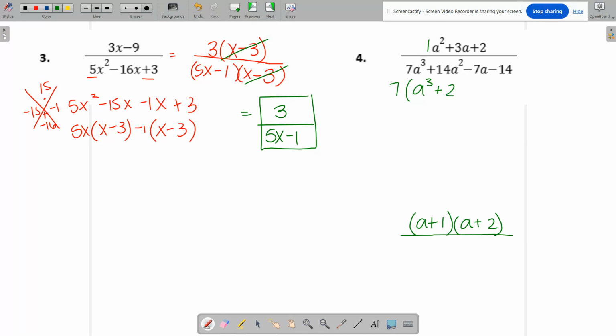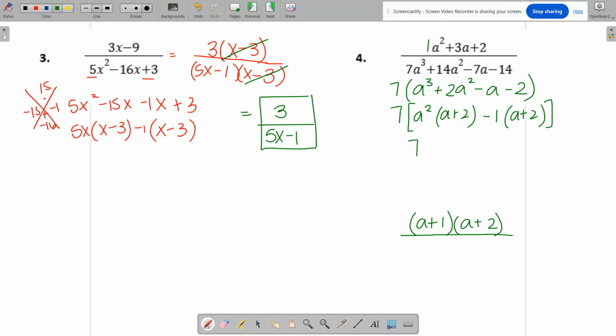So a cubed plus 2a squared minus a minus 2. I can factor out an a squared from that first group, leaving us with a plus 2. And out of the second group, factor out a negative 1 to have a plus 2.